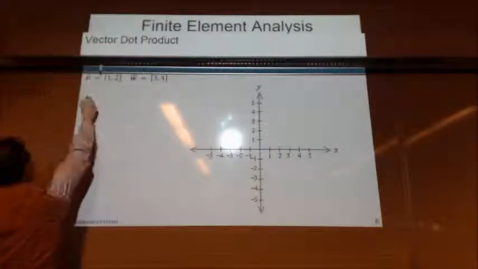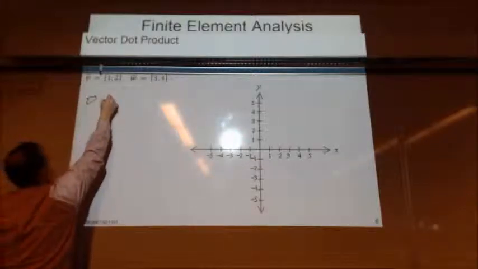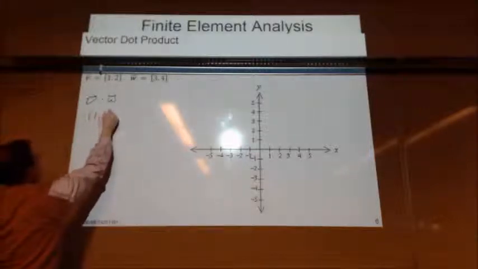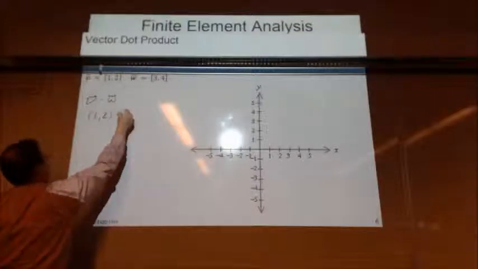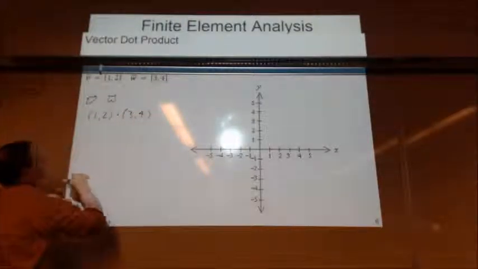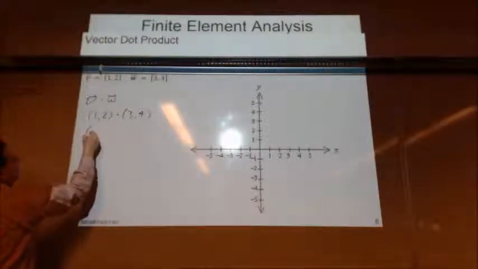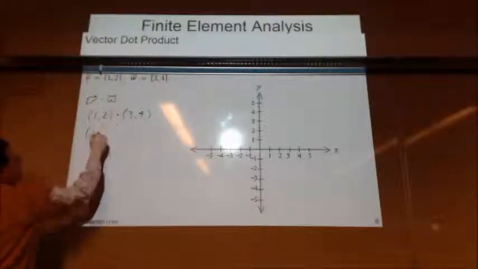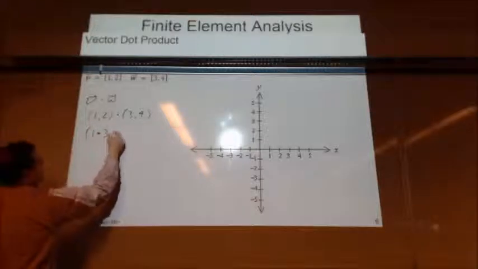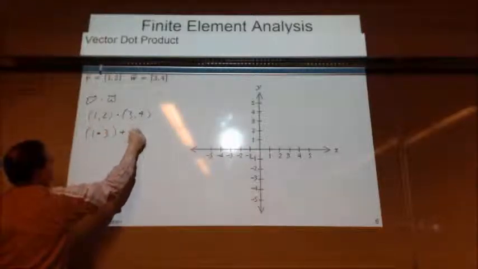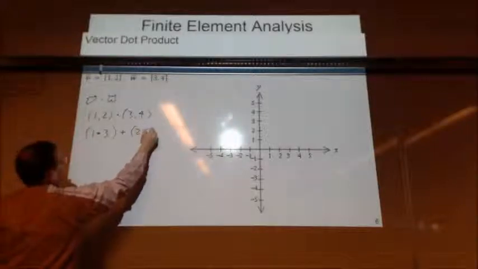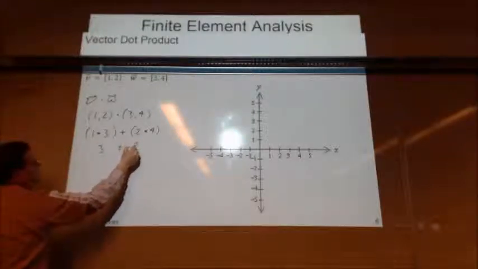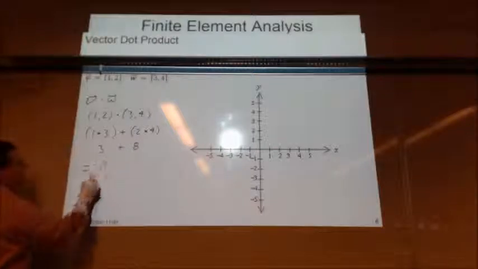So if I want to do the dot product of 1, 2 with 3, 4, this will be 3 plus 8, so it's going to equal 11.